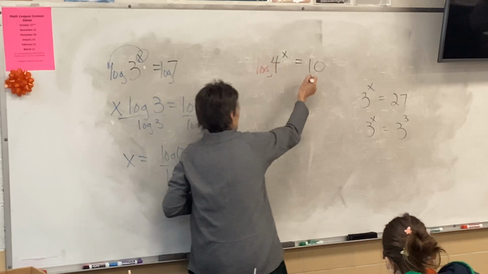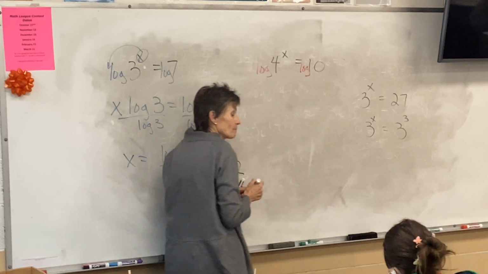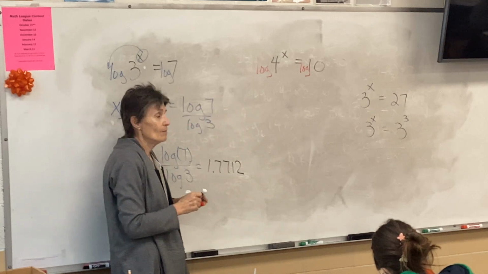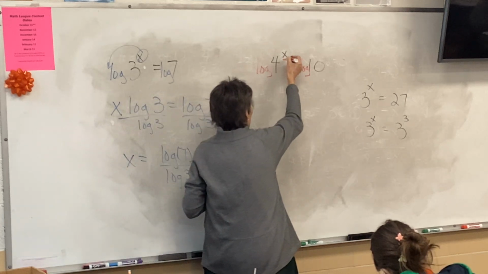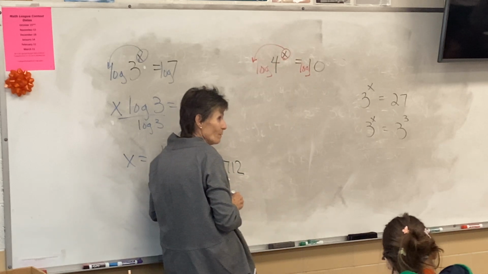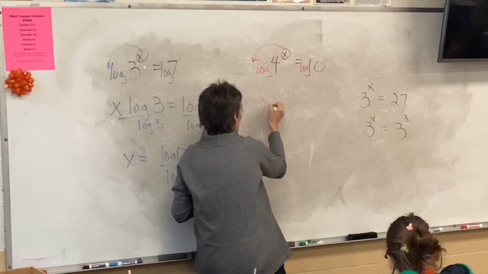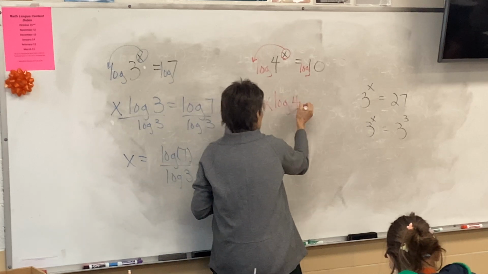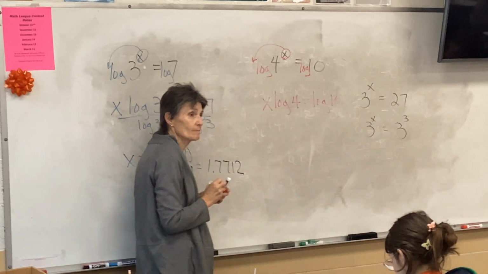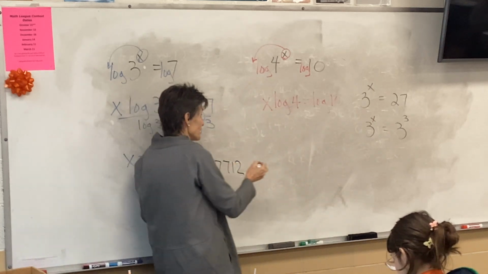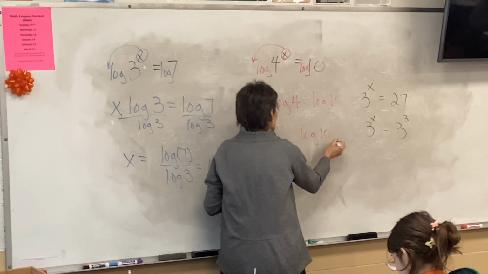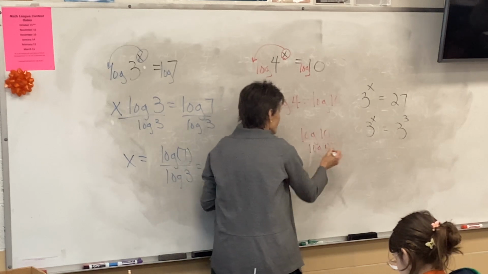We take the logarithm of both sides. And the beauty of that is, then this guy is no longer an exponent, he becomes a coefficient. So it's x log 4 equals log 10. And to get x, we'll take log 10 and divide it by log 4.